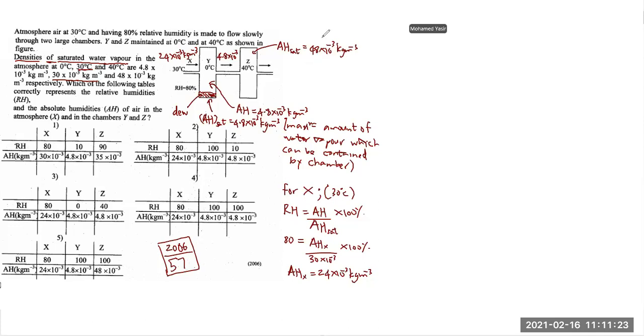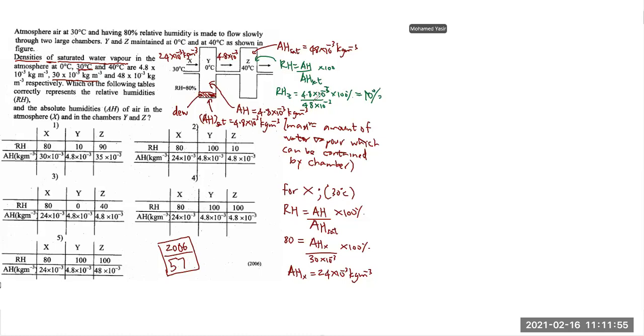Then we have to find the relative humidity of Z. Relative humidity of Z is absolute humidity over absolute humidity of saturated vapor into 100. That is 4.8 into 10 to the power minus 3 divided by 48 into 10 to the power minus 3, multiplied by 100, and the final answer is 10%.